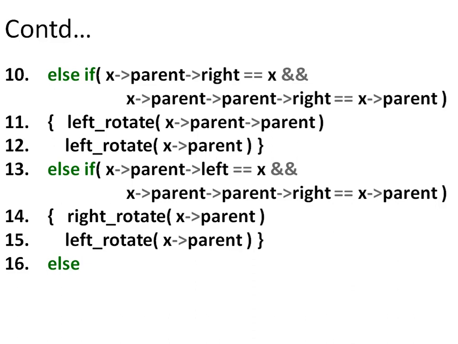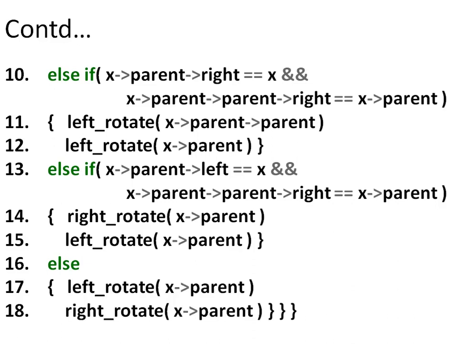The moment we perform left rotation at the parent of x, the parent will be shifted to the left of x, and the new parent of x will be the old grandparent. So we will first perform left rotation at the parent of x, and again we have to perform right rotation at the parent of x, because the new parent of x is nothing but the old grandparent. So with this, we have completed the bottom-up splaying approach in splay trees.